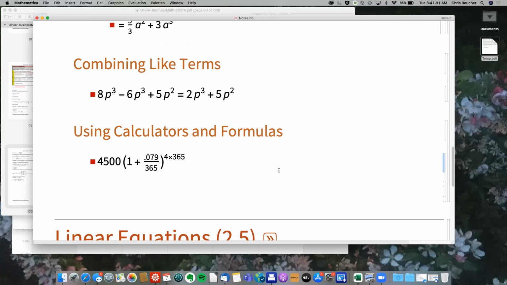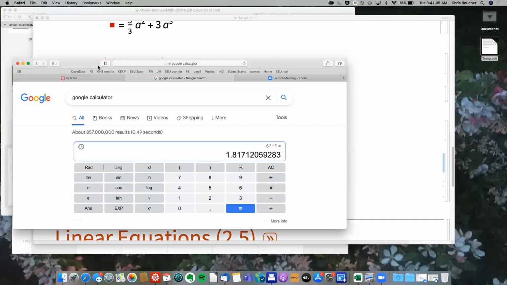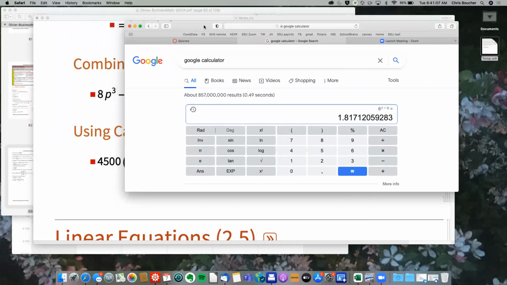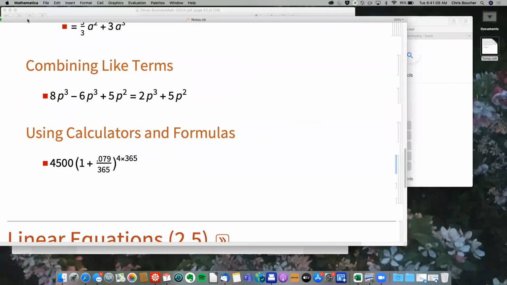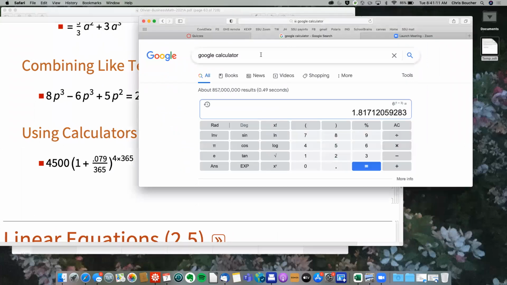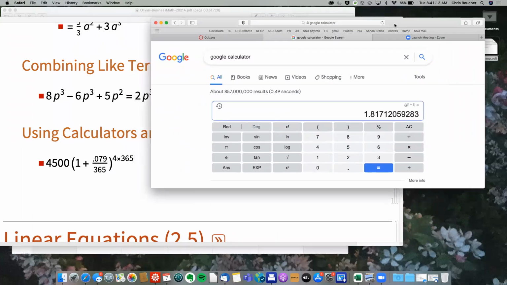So when I go to enter this on Google Calculator, let's see if we can get both on the screen at once here. There. Okay, so let me first clear out. So I have 4,500 out front, right? Now, this is multiplication, right?